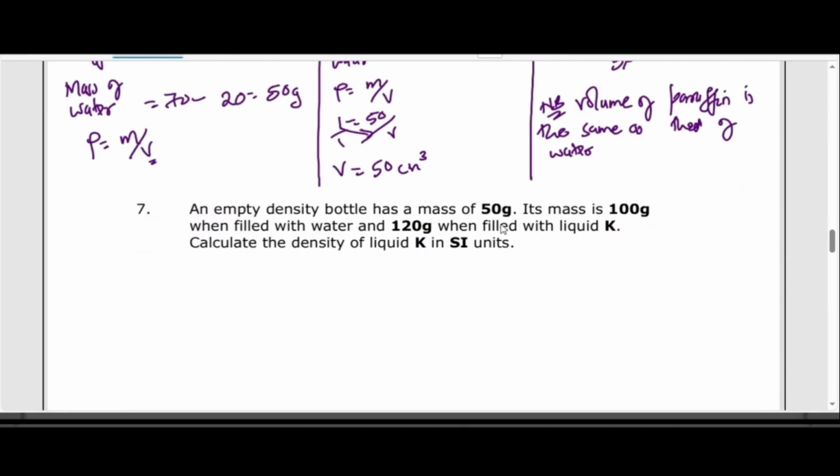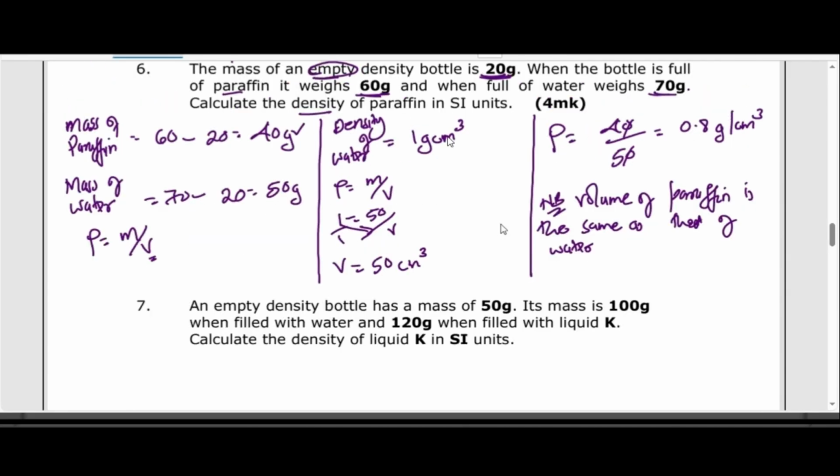Good, so you can see that is what you have there. Get the volume of the paraffin and do exactly what you have there.